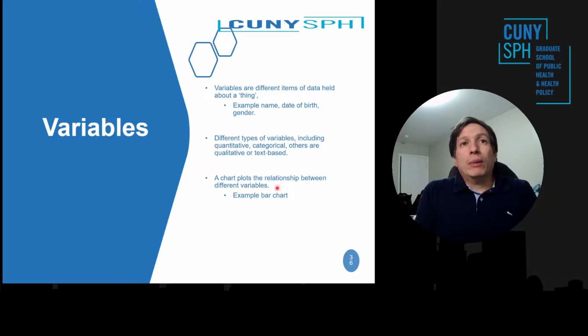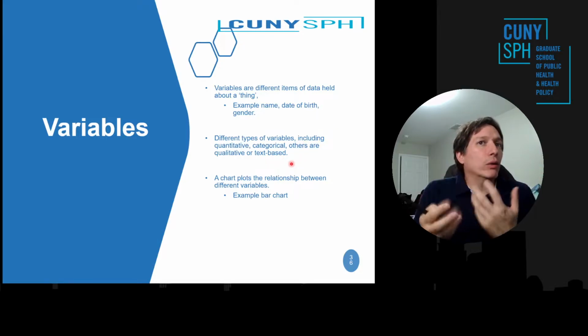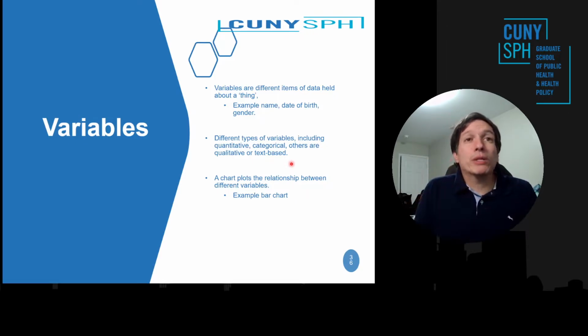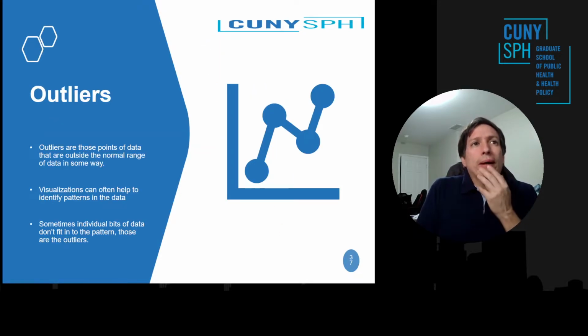And they can be quantitative, they can be categorical, they can be text-based. And remember the graph that I showed, that graph is going to be really useful to do that mapping, because then, hey, what type of data do I have, how is the variable collected, how is the variable represented, can I transform the variable from one to another, and how am I going to do that mapping. Usually we have chart plots that are a relationship between two variables.